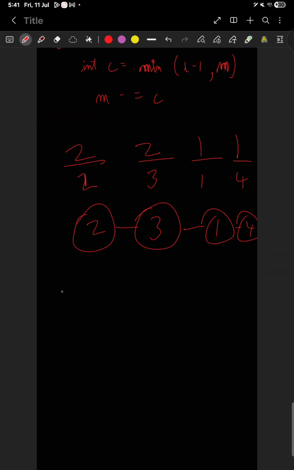In order to implement this, you could define a comparator function.